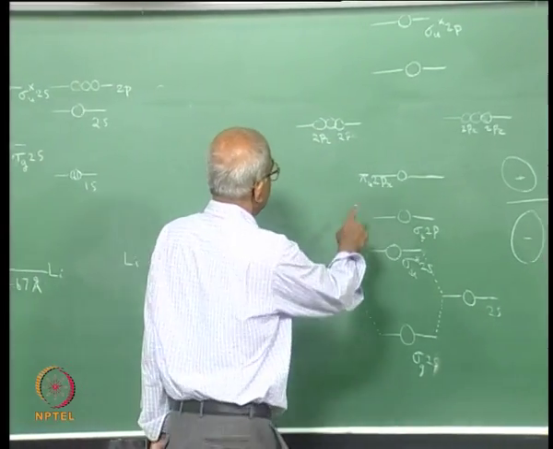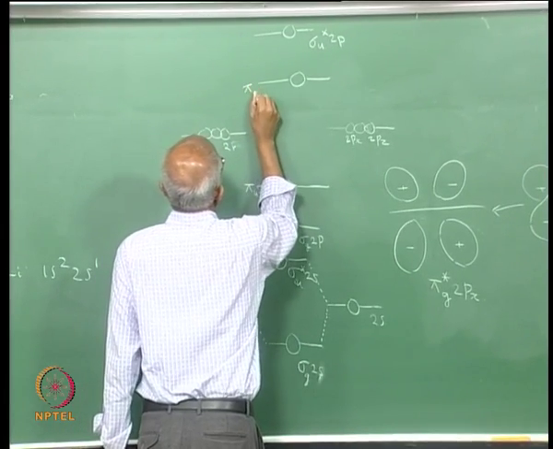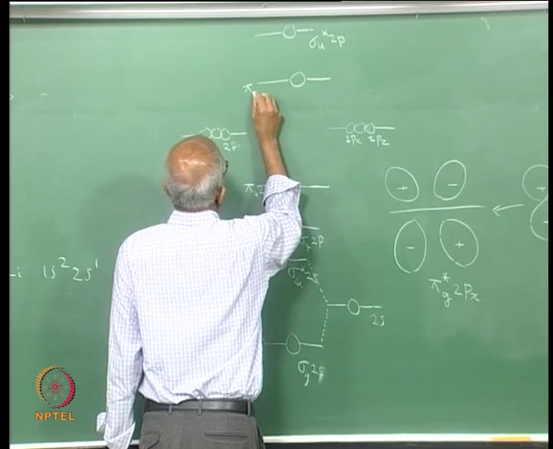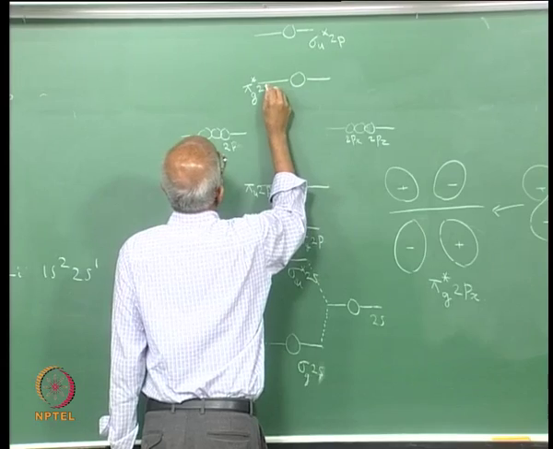So, these orbitals, the one is pi u 2px and the other one should be called pi g star 2px.